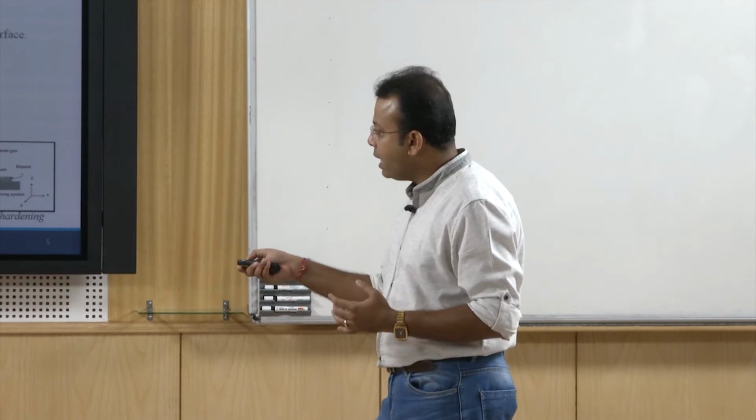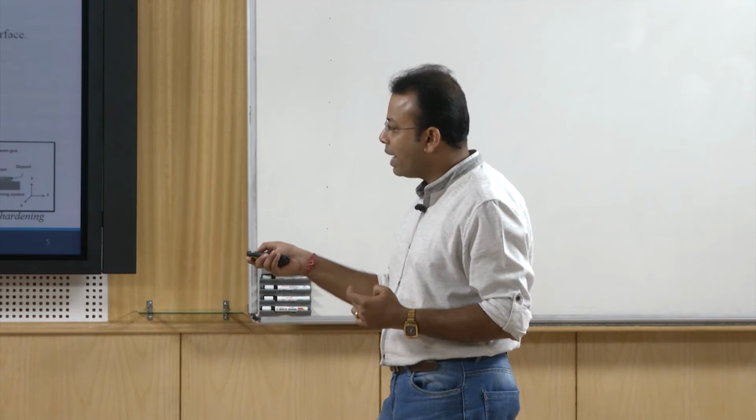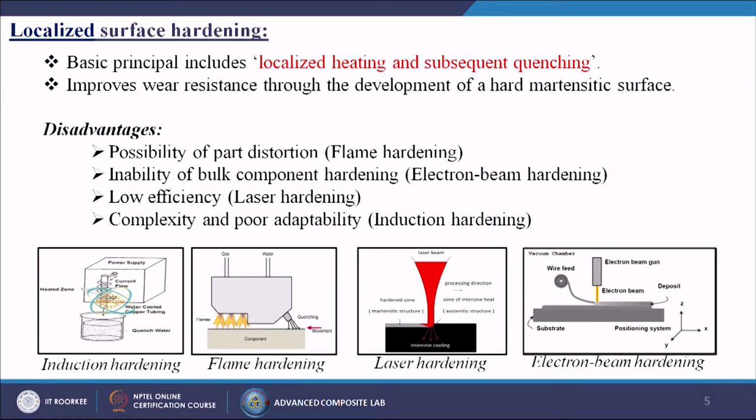In one case we generate an electromagnetic field, by which we increase the metal temperature. Here we are directly heating the material with a flame. Here we use lasers, by which the material is heated up, and here we use an electron gun, or electron bombardment, on the material so that the temperature can be increased.